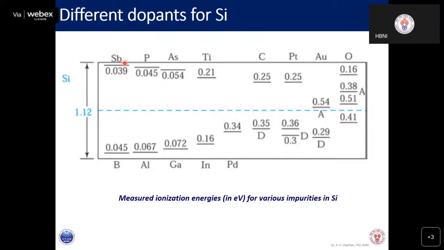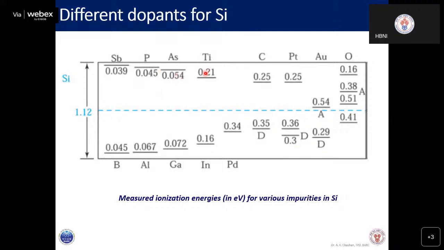If you dope with antimony, which is a very close energy level at 0.039, even at room temperature all these will be ionized, because the room temperature thermal energy is 0.025 electron volt.